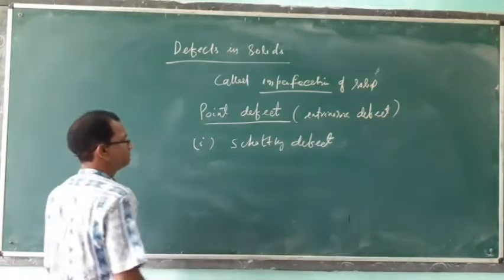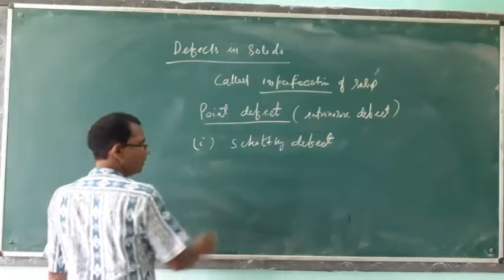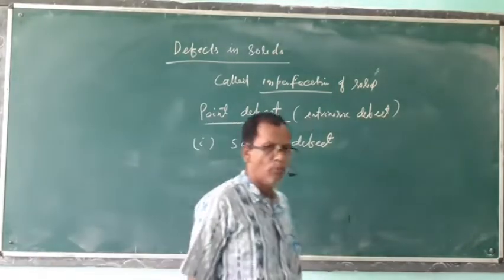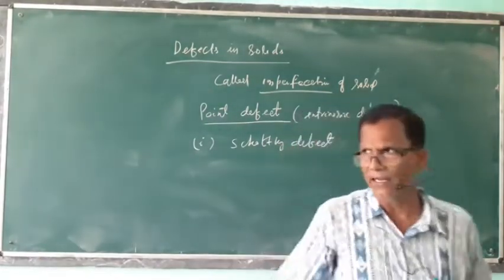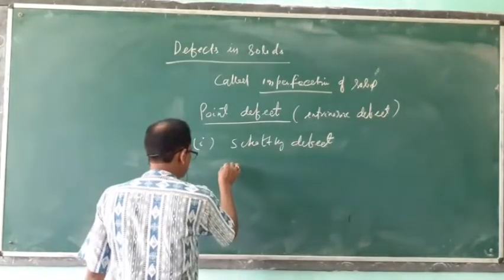Schottky defect is generally observed when both cation and anion are missing. Let us draw the diagram.